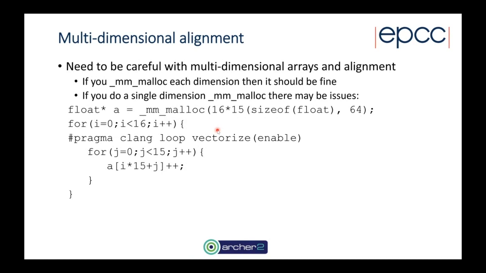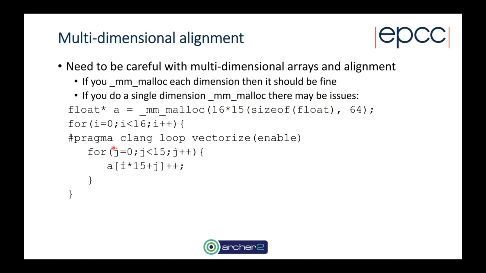Multi-dimensional arrays we also have to care about. So you would have to align each dimension of your array if you malloc each dimension separately, or you can do a single dimension allocate or malloc. But you have to be careful then of the sizes of your arrays, because in this scenario here, we've got a single dimensional array which we've malloc aligned, so the whole array is aligned.